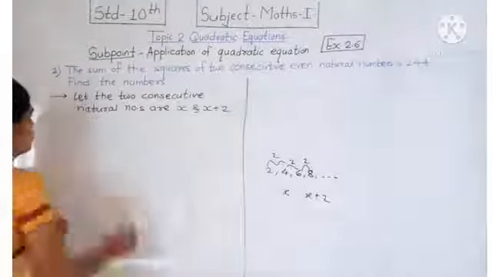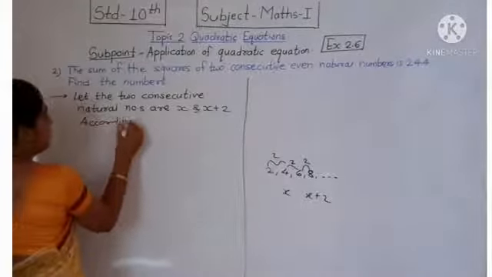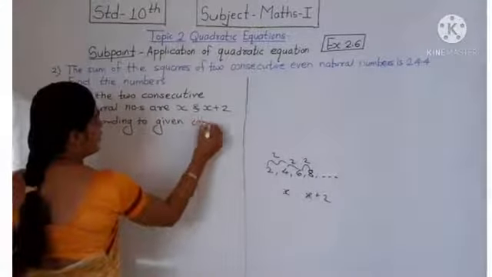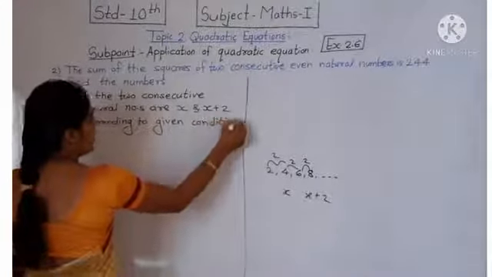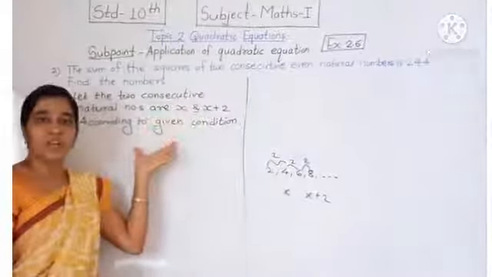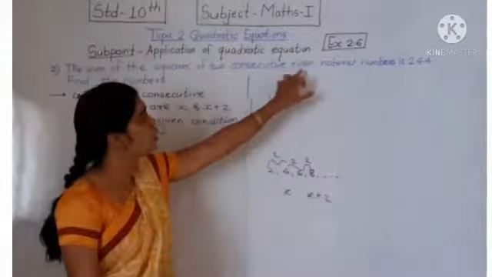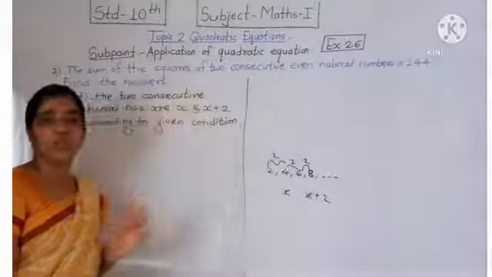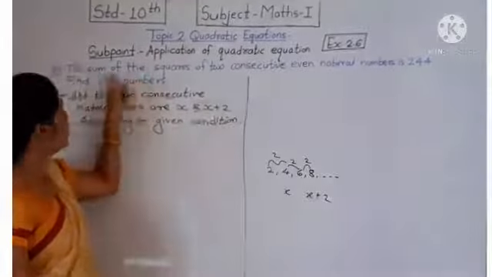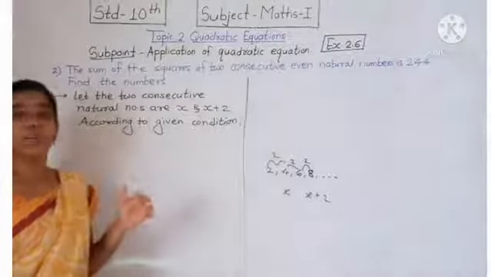Okay. So according to the given condition, what is the condition given? I had told you we have to convert this problem into symbolic form. The sum of the squares of two consecutive even natural numbers is 244. हे दोन natural numbers चे काय दिलेले आहे? Sum of squares. Sum of squares is given 244.